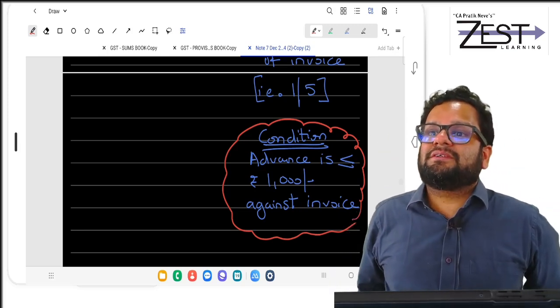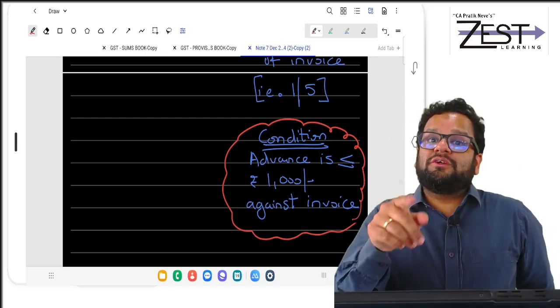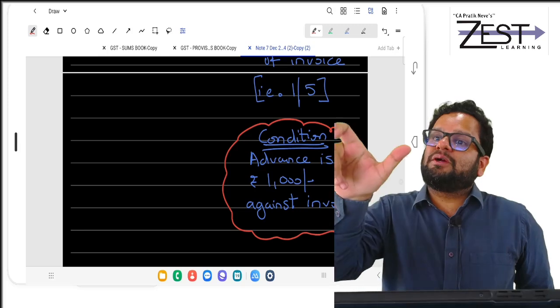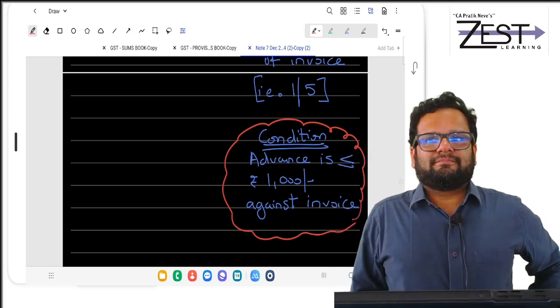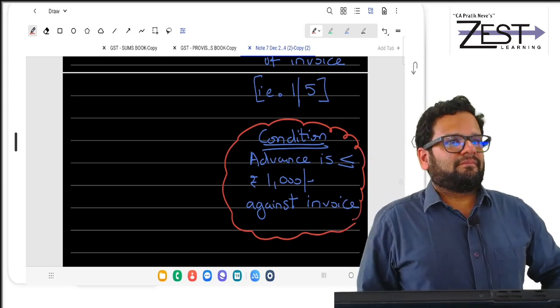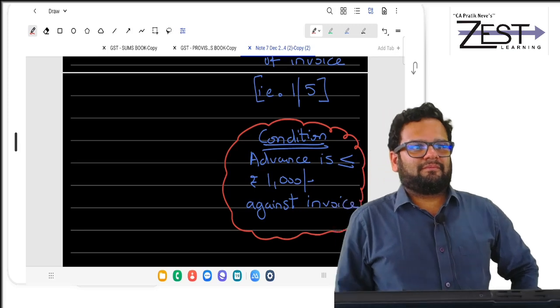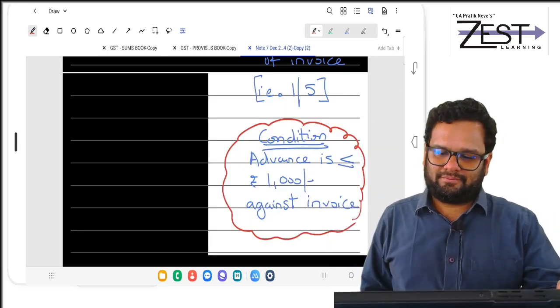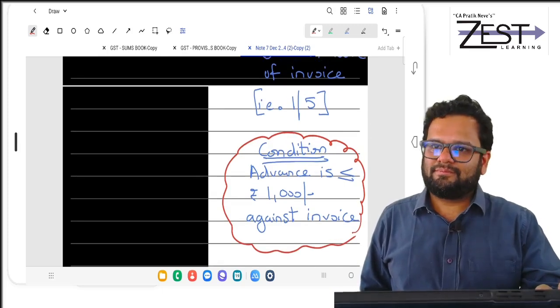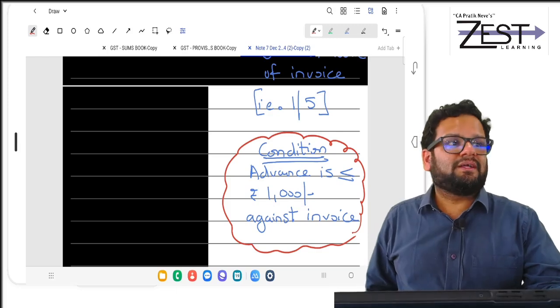Threshold limit means for proviso to apply, the advance should be up to 1000. Done? Shall we go ahead?